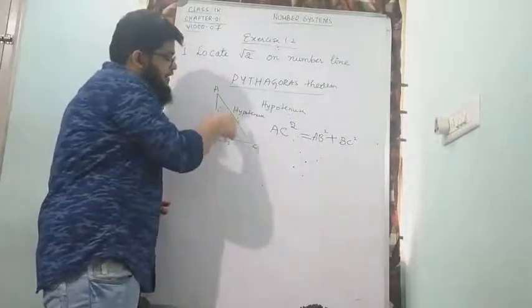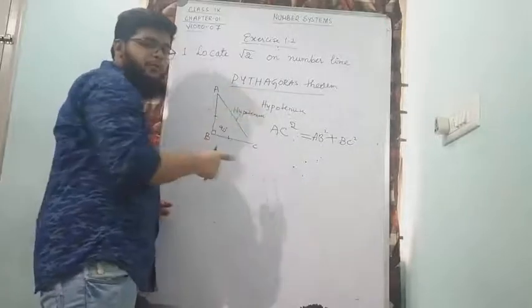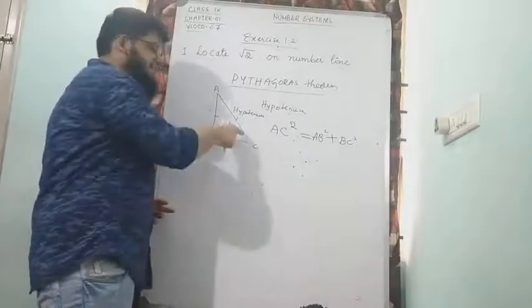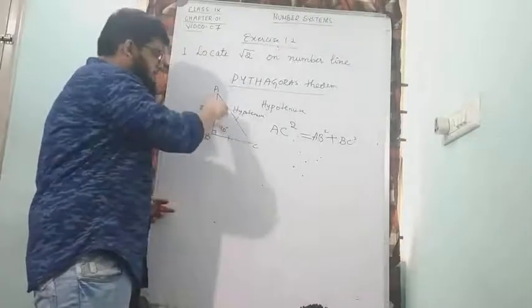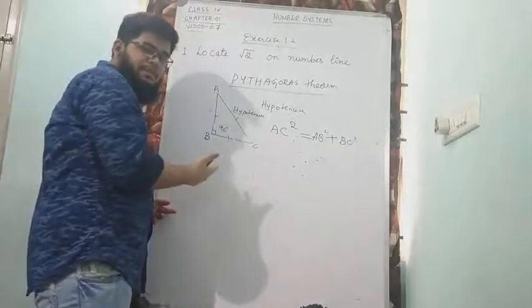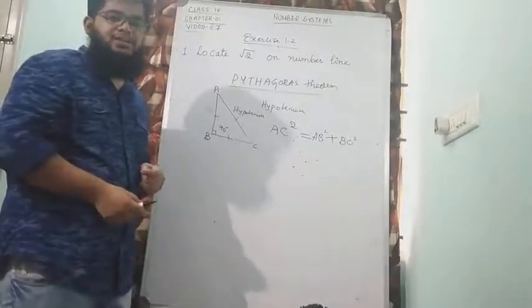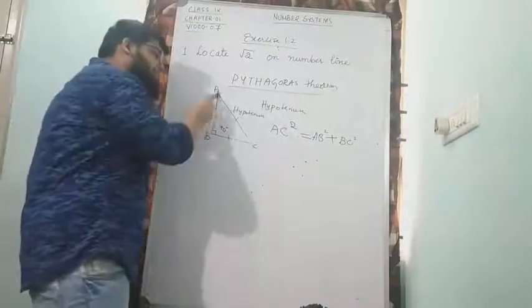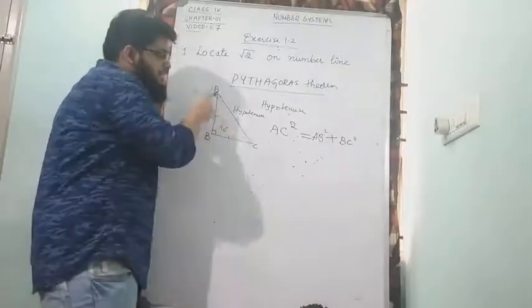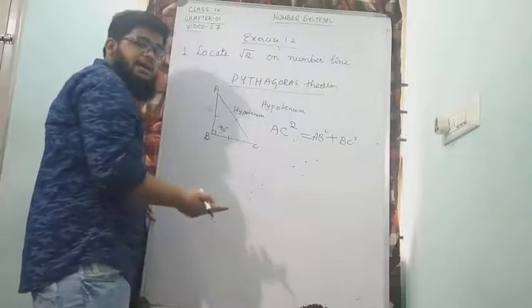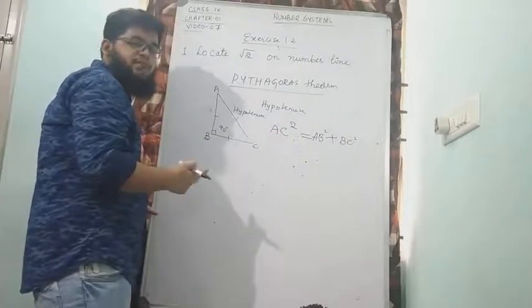Whenever we speak about Pythagoras Theorem, we should take the square on every side. Which are the three sides? AC, which will become AC square. The other side is AB, which will become AB square. BC will become BC square. Once you take the squares on all three sides, the square on the hypotenuse, the largest side, will be equal to the sum of the squares of the other two sides.